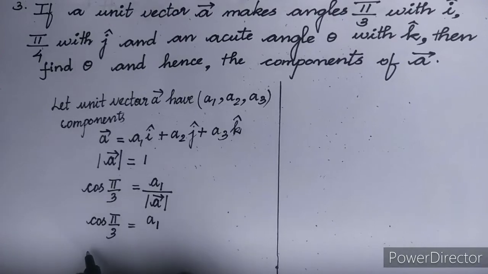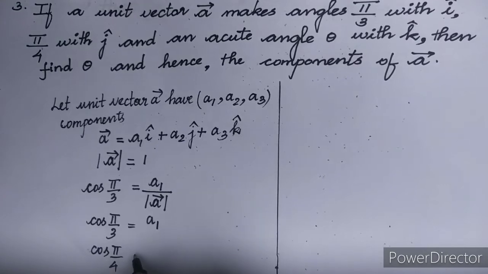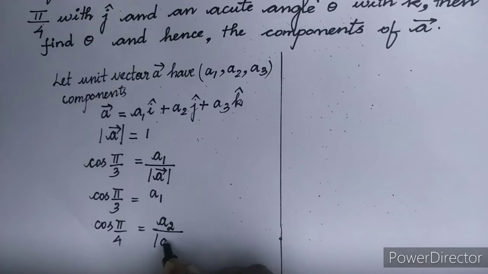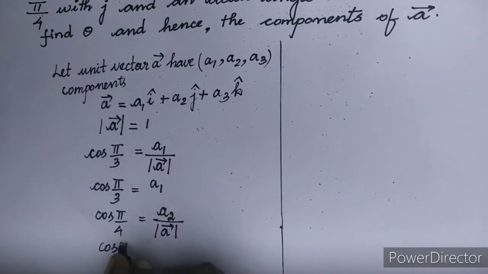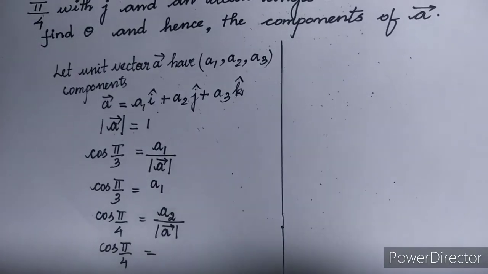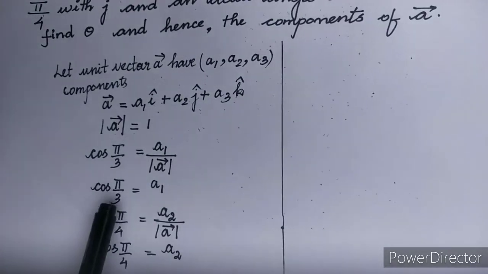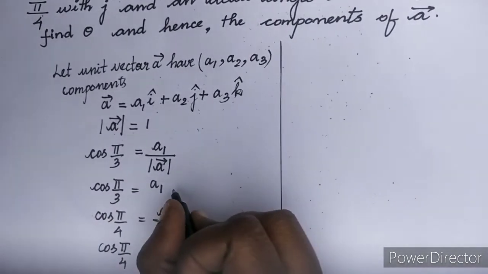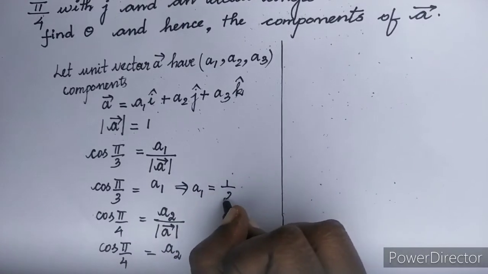Next, cos pi by 4 is equal to A2 divided by magnitude of A vector. So, cos pi by 4 is equal to A2 divided by 1, which is nothing but A2. Now, cos pi by 3 value is what? 1 by 2. So, we can write A1 is equal to 1 by 2.